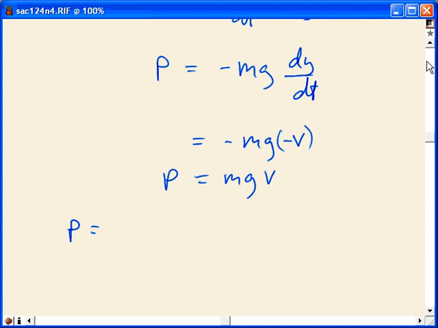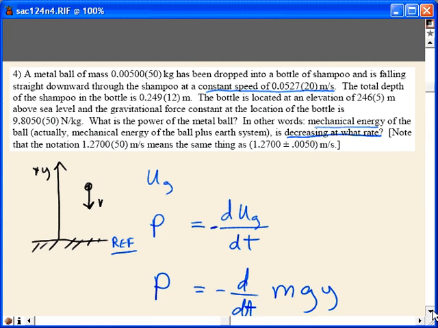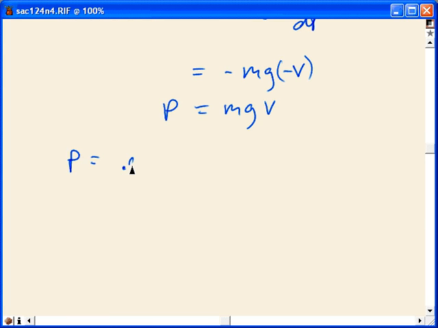That's P is equal to, let's see, the mass was given as 0.005 kilograms. g, they give us a fairly accurate value.